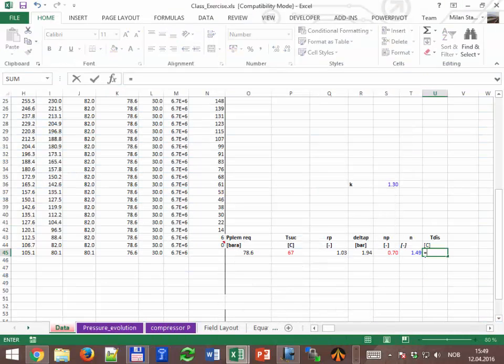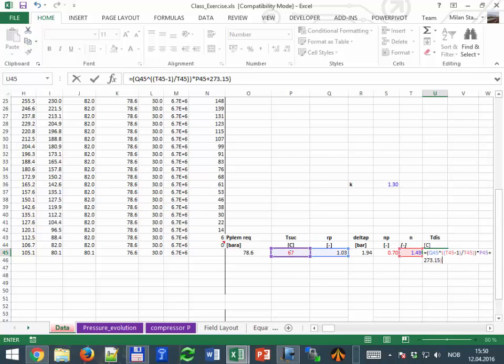So here we have first Rp to the power of n minus 1 over n, and this times the temperature, plus 273.15, in parentheses.